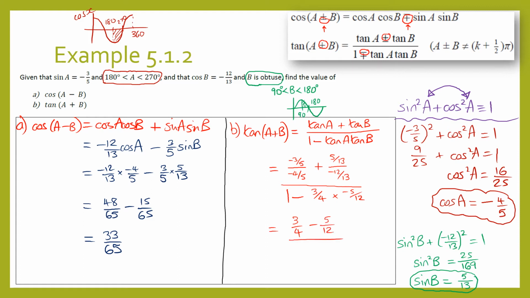So that's my numerator, 3 over 4 take away 5 over 12. In the denominator, 1 take away something that's going to be negative, so that I can make that positive. And then 3, I could cancel here, but I'm just going to go with 3 5s of 15 over 4 12s, which are 48.